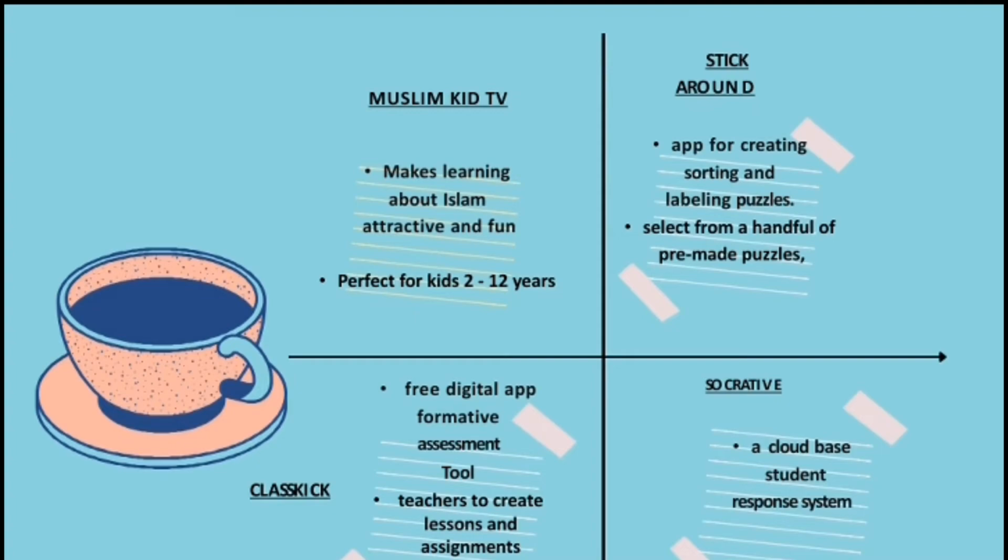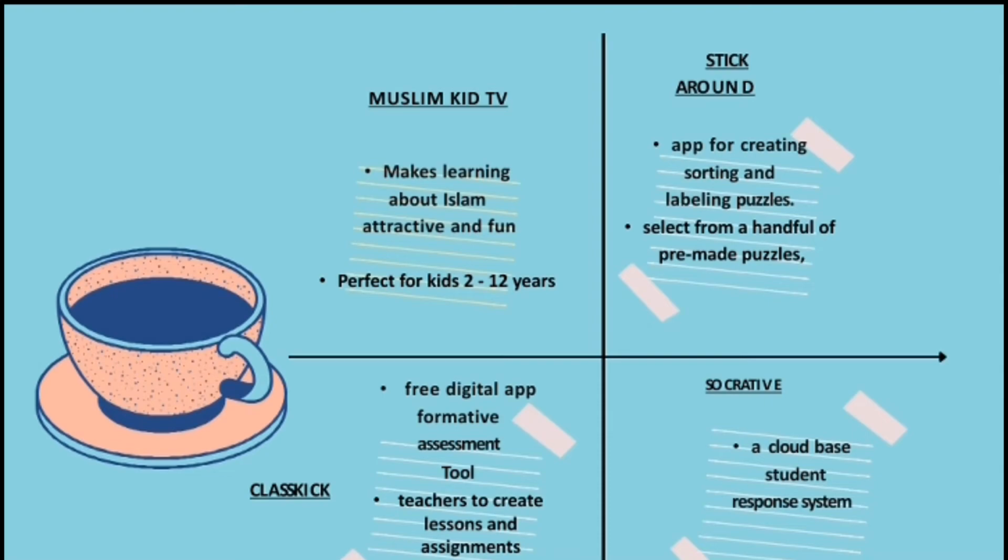Muslim Kids TV makes learning about Islam attractive and fun. This is perfect for kids 2 to 12 years old. Stick Around, an app for creating, sorting, and labeling puzzles. It selects from a handful of pre-made puzzles.